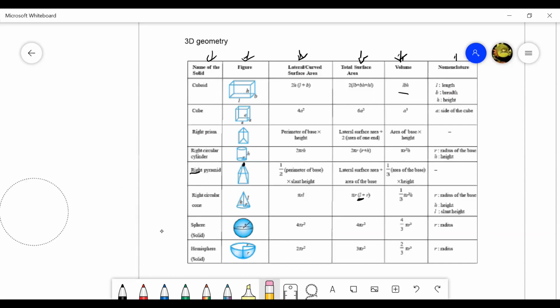So lastly, we want to talk about the sphere. The sphere is just a three-dimensional circle. It's a set of points in three-dimensional space that are equidistant from a certain point, which is the center. These formulas are not very easy to derive, but the volume is going to be 4/3 pi r cubed. I don't think there's a great explanation at this level of why this is true, but it is something you have to remember.